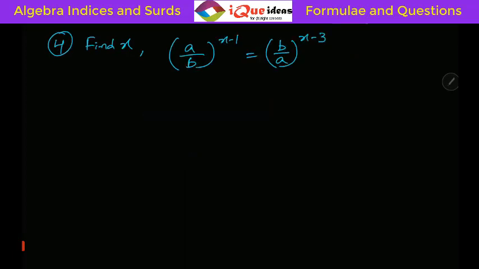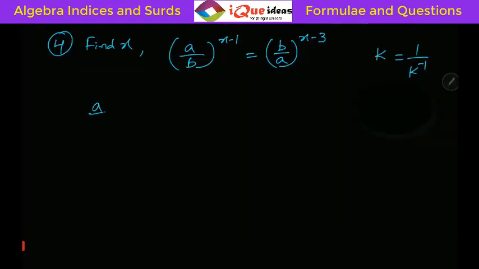Okay. Now this question says find x, a by b raised to the power x minus 1 is equal to b by a raised to the power x minus 3. Now please understand, if there is a number k, if it goes in the denominator, it can be written as 1 by k to the power minus 1. Right. So in this case, let's see, a by b raised to the power x minus 1 is equal to b by a raised to the power x minus 3.